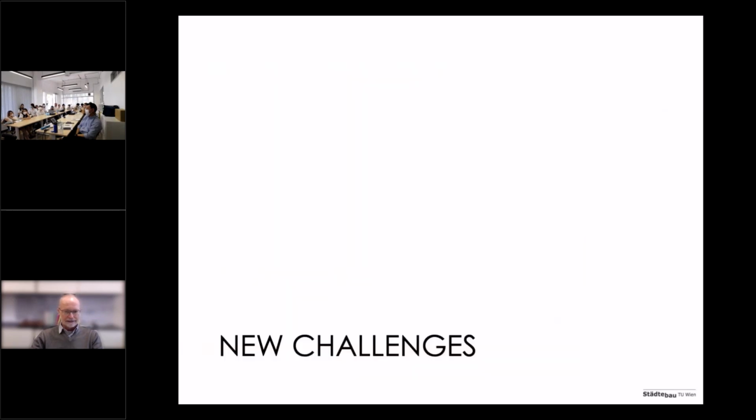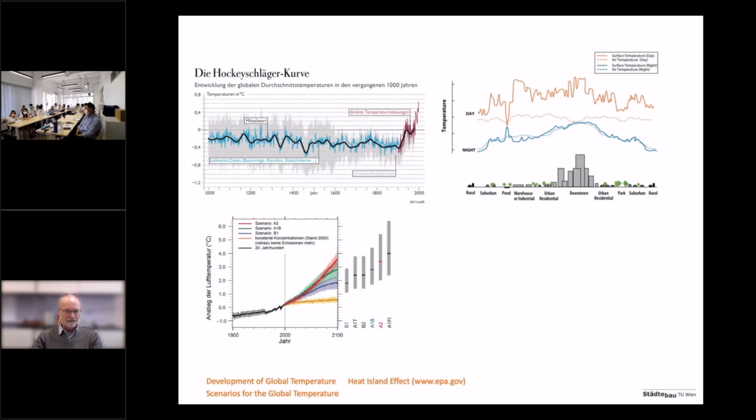And now just a few topics that we will have to deal with in the next couple of years. As you know, we have to deal with the dramatic change of our climate. There is one engagement, of course, in avoiding an overheating of the planet, but as we are the architects and as we are the planners, we have to make our cities and our living environment ready to be used even under circumstances that are dramatic for the future.